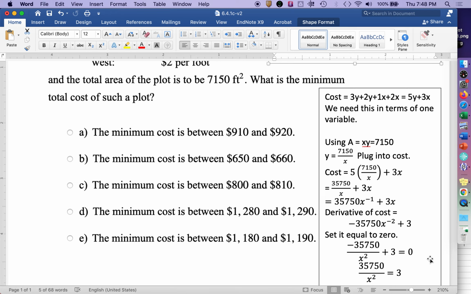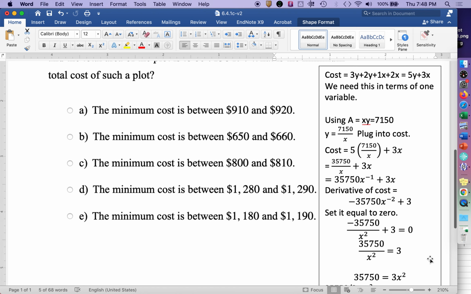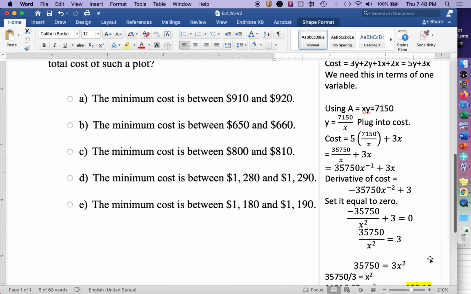If we multiply the X squared to the right side, you'll have 35,750 equals 3X squared. Next, divide by 3. 35,750 over 3 equals X squared.